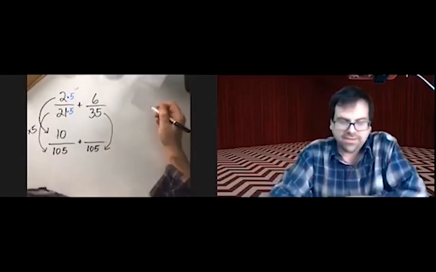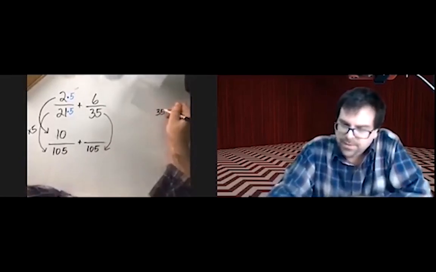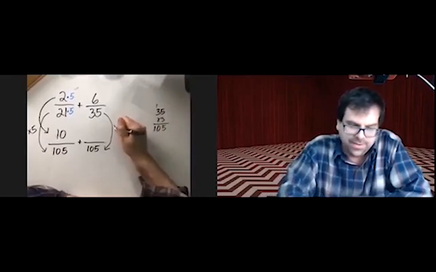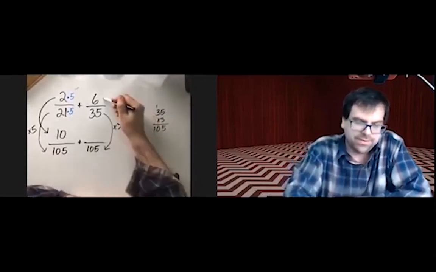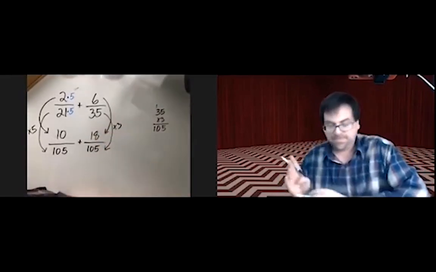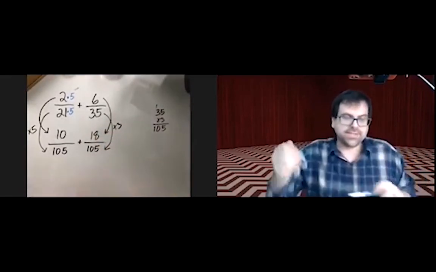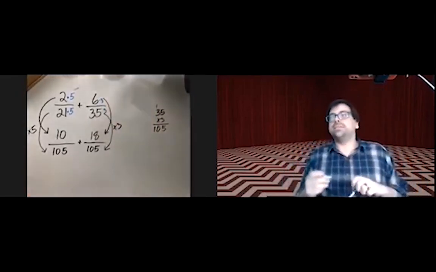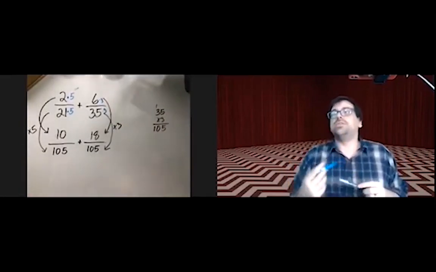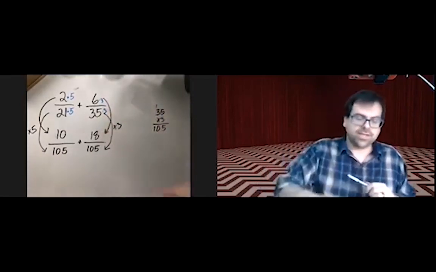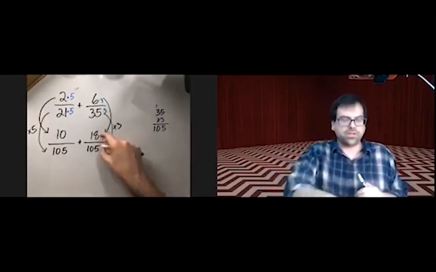Let's try times 3, see if that's it. What is 35 times 3? 5, carry the 1. Yep, 105. That's times 3. So we have to do 6 times 3, and 6 times 3 is 18. Again, this is the same as multiplying top and bottom by 3, because that's the same as multiplying by 3 over 3, which is the same as multiplying by 1, which doesn't change the fraction, just gives us something that's equal to it with a larger denominator.